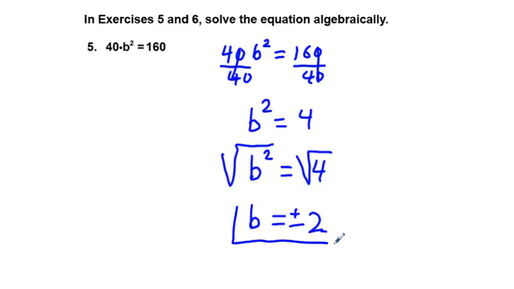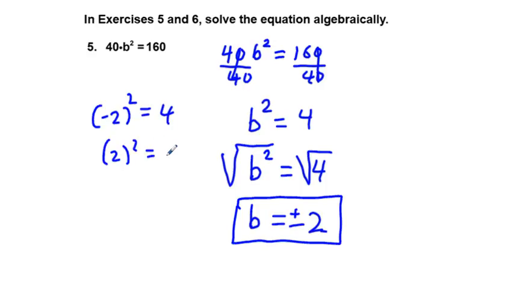And why is that? Because if b in b squared equals 4 is negative 2, negative 2 squared is going to be 4, just like 2 squared equals 4. So when you have an even numbered root, you're going to have a plus or minus answer.